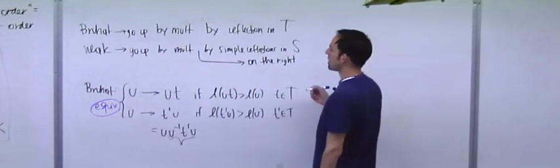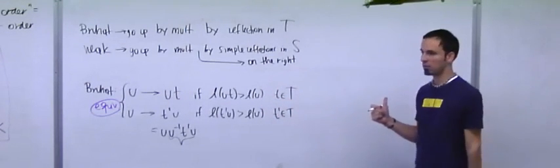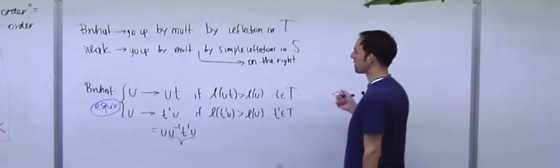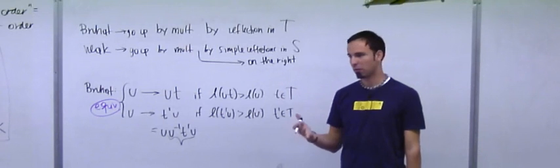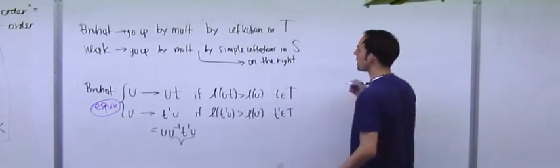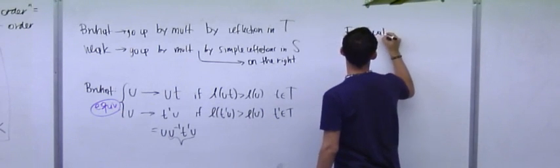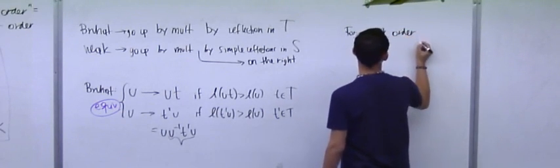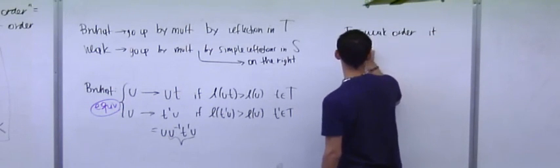For the weak order, it is very important that you keep track of what side you're multiplying on. So much so that we actually have two orders, the right weak order and the left weak order. So for the weak order, it matters to multiply on the right.